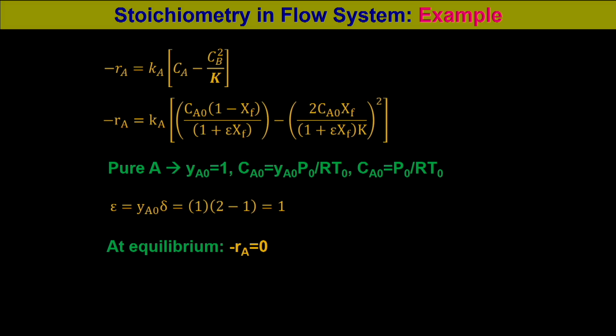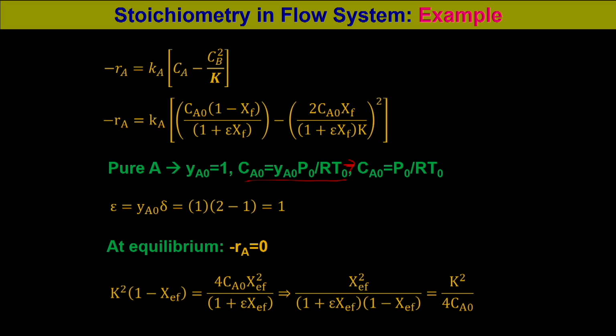Here Ya naught is 1, so we substitute 1 in the case of epsilon, and for delta we can see 2 minus 1, 2 moles forming from 1 mole. So, it would be 1 into (2 minus 1), so 1. So, epsilon is 1.